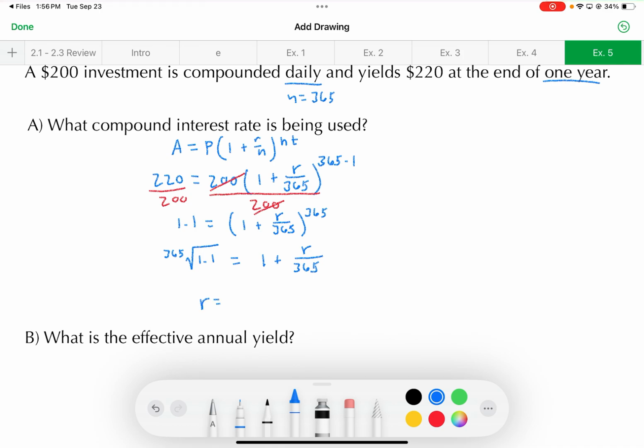So that would mean R is equal to 365 times the quantity of the 365th root of 1.1 minus 1. All right, now that doesn't mean a whole lot to me in that form. So I'm going to approximate it. I did this ahead of time. 0.0953. So our interest rate being used here is 9.53%.